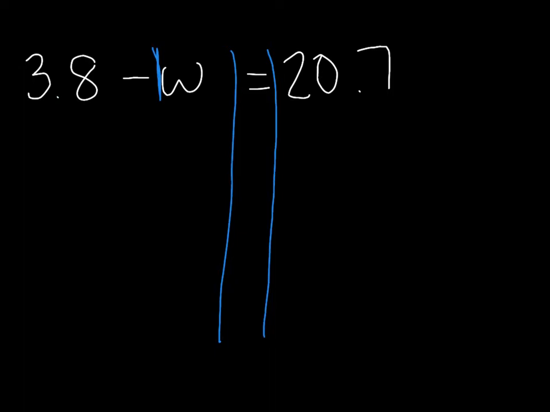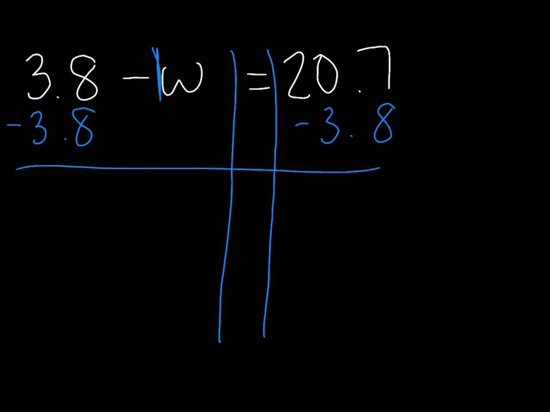So the first thing I need to take care of is getting rid of this 3.8. My gut tells me that I should add 3.8 because we're subtracting, but then I wouldn't have opposite pairs. I remember I want to get that 3.8 gone, so I'm going to subtract 3.8 from both sides. On the left-hand side, the 3.8 minus 3.8 goes away.